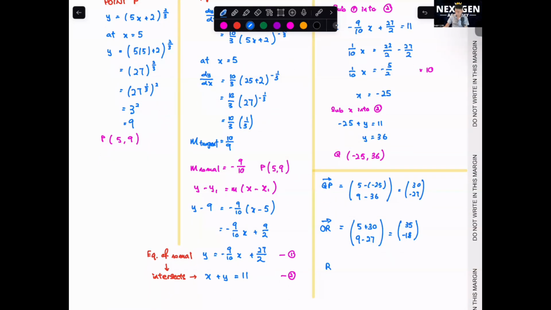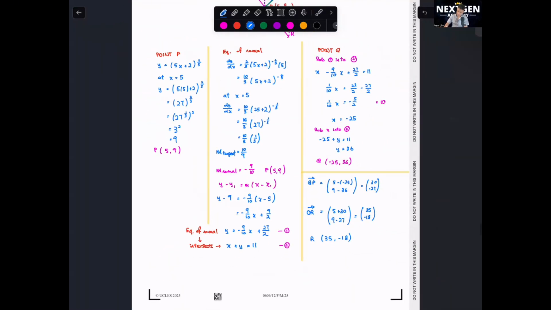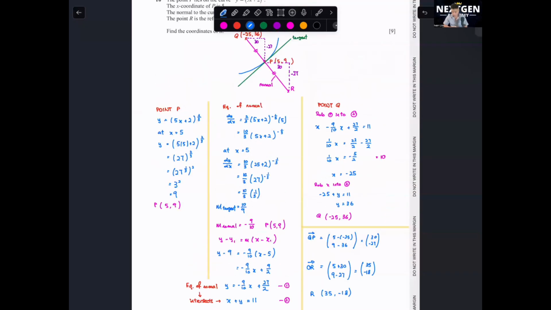Don't write it as OR, we have to write it as point R. Point R is (35, -18). This type of question is very similar to the past year straight line graph question, straight line graph with differentiation, so it's equation of tangent and normal. Two more questions. Let's quickly finish this up.